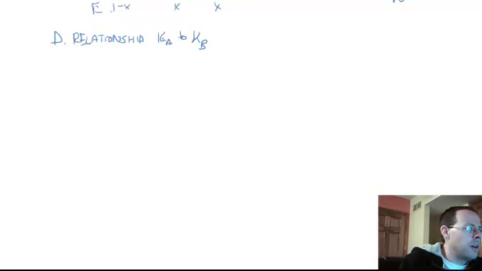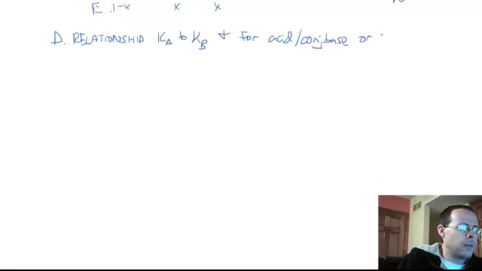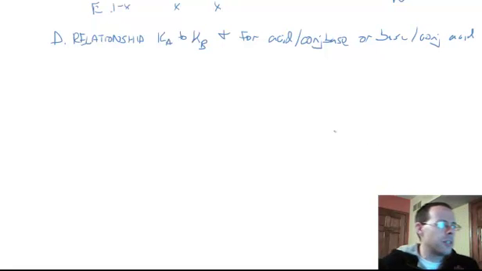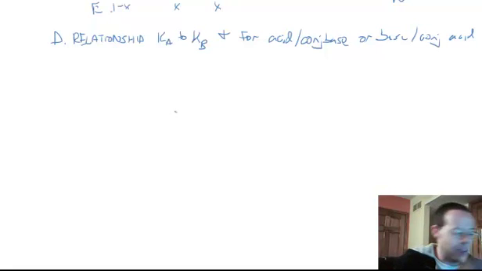So the relationship of Ka to Kb, for an acid and conjugate base, or a base and conjugate acid. And you'll see here in a second, it's all kind of tied together.